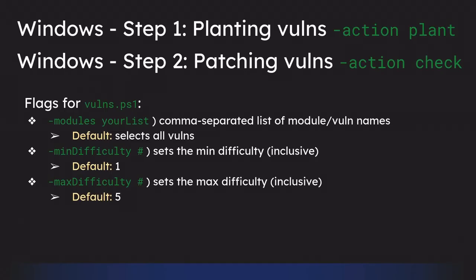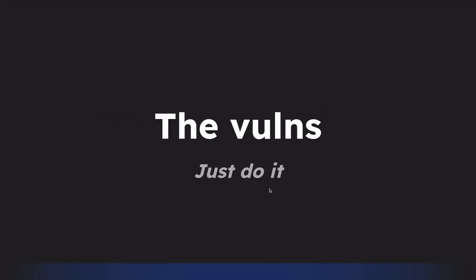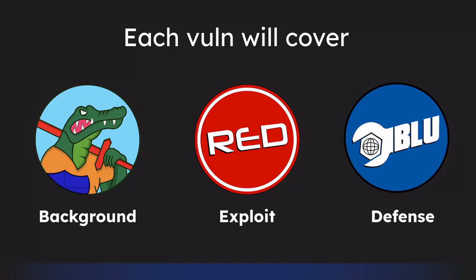So with that being said, that's how you use BlueDaBaDee. From now on, I'm going to put out videos going over each single vulnerability. In each of these videos, we're going to have three parts, which will be indicated based on the icon in the bottom right corner over here. If you see this, it's background.